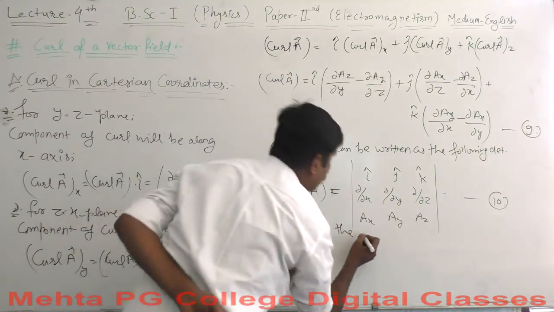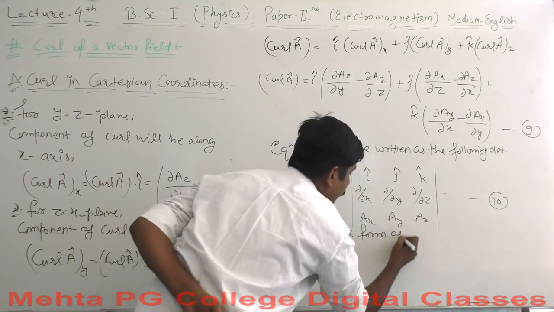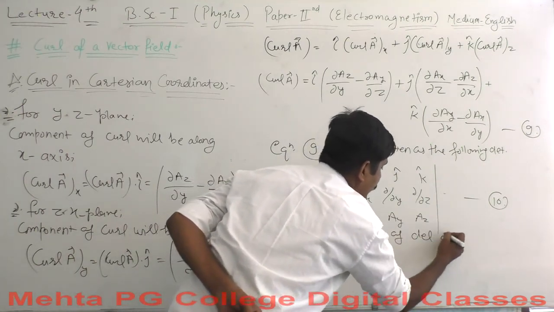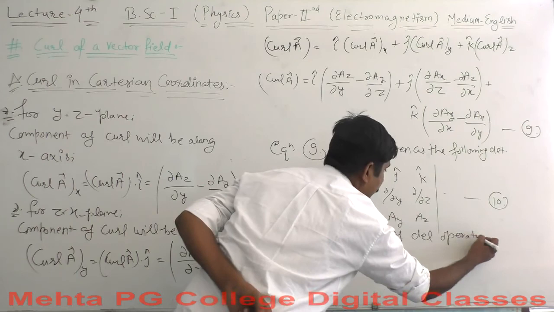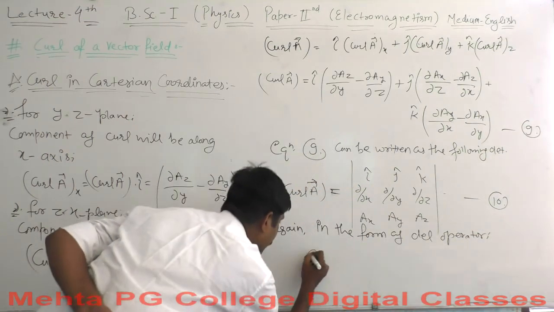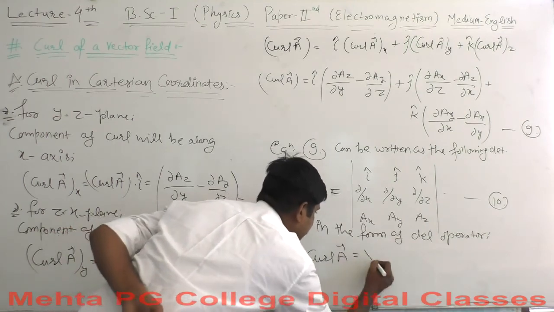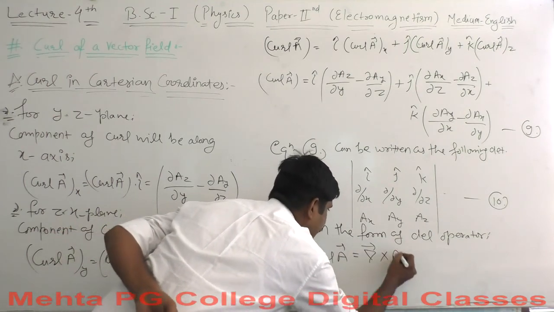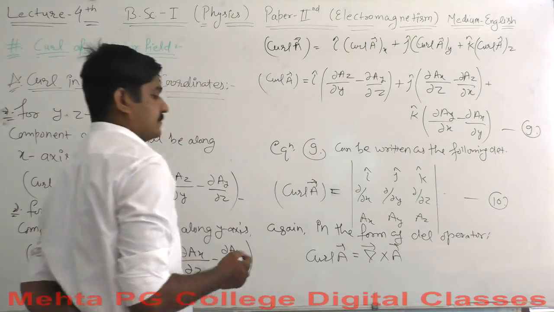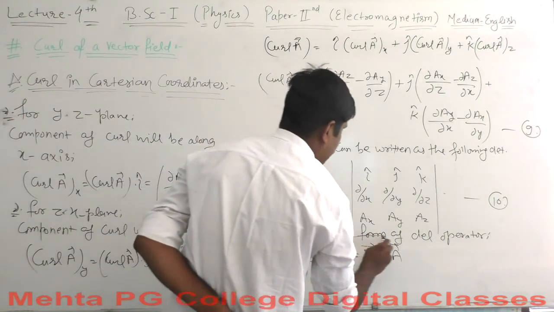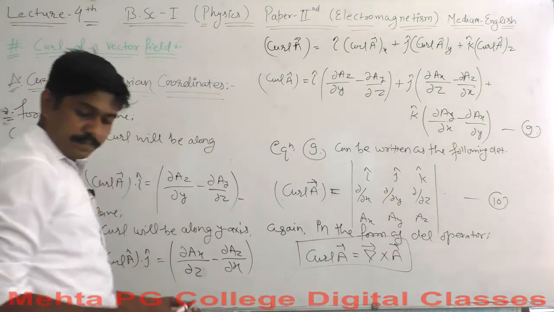Again, in the form of the del operator, curl of A vector can be written as del operator cross A vector. So this must be the curl.